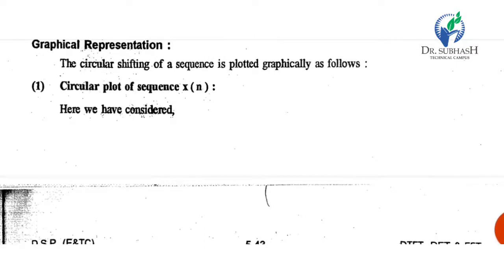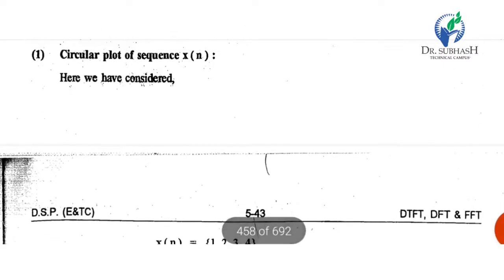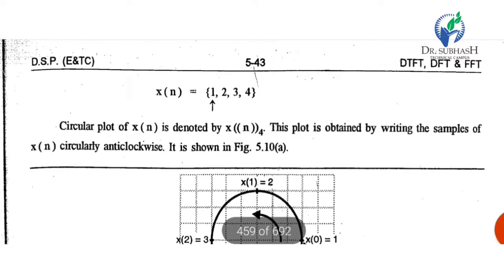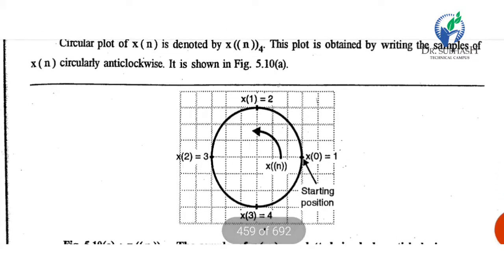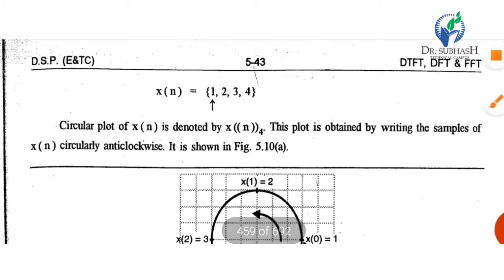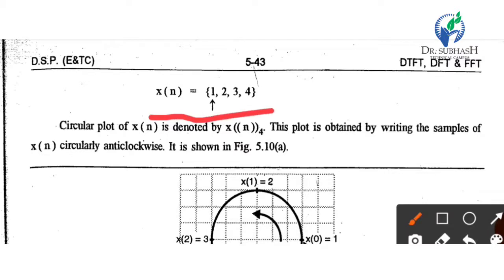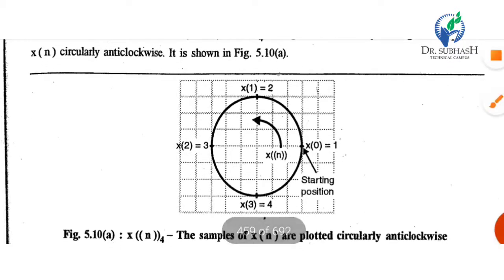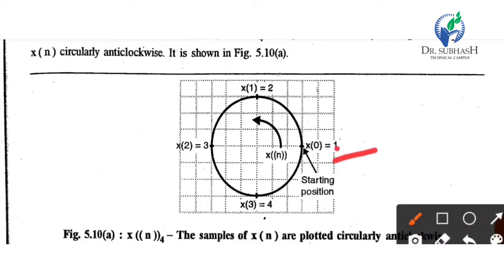For circular symmetry we use a graphical representation. The circular shifting of a sequence is plotted graphically. For our example, we take x of n equal to 1, 2, 3, 4, and represent it on a circle. So x of 0 equals 1, x of 1 equals 2, x of 2 equals 3, and x of 3 equals 4. Whatever shifting we do is a rotation and repeat.